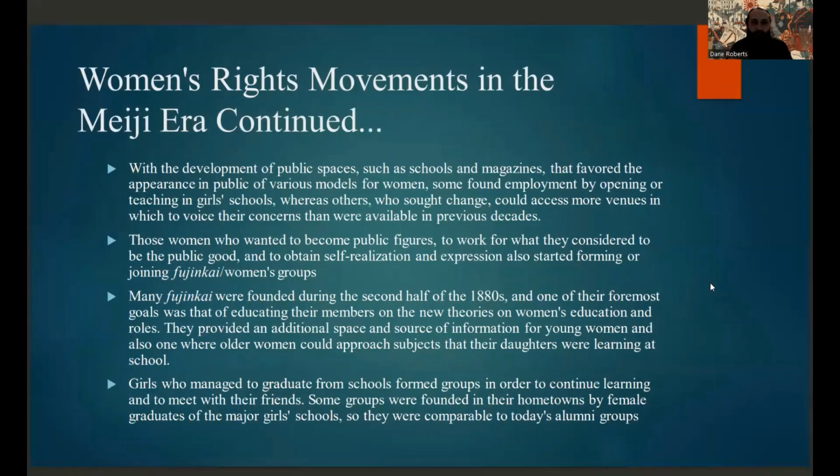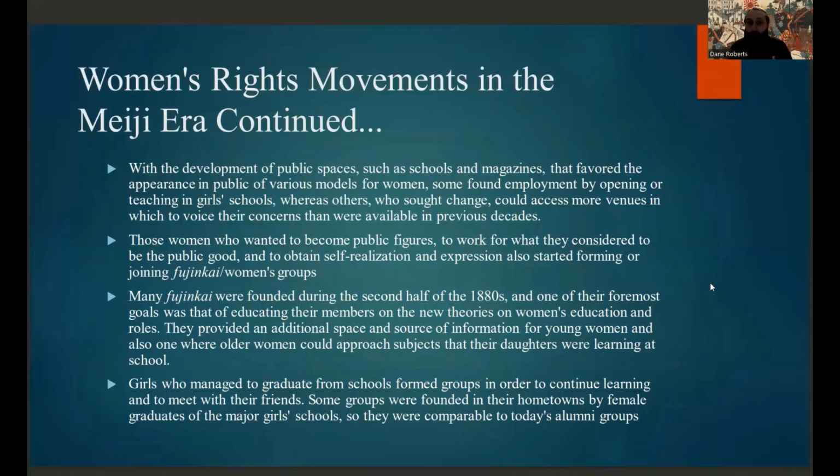So this was in conjunction with the development of public spaces such as schools and magazines that favored the appearance in public of various models for women. Some found employment there teaching girls in these schools, and so they sought change so they could access more of these.